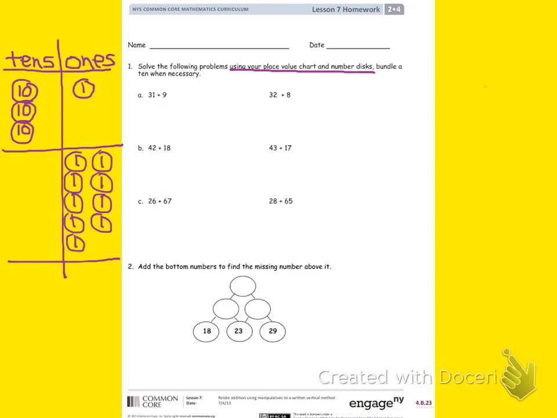So we know that 1 and 9 is 1, 2, 3, 4, 5, 6, 7, 8, 9, 10. It's 10. 10 has 0 1s and 1 group of 10. And then the 10s are over here, 1, 2, 3, and this one that we carried right here is 4. So 31 plus 9 is 40.